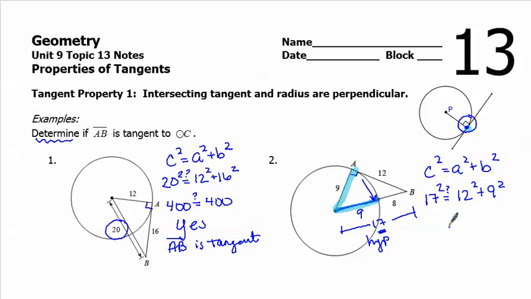I don't know that for sure. 17 squared is 289. 12 squared plus 9 squared in my calculator is 225. Does 289 equal 225? No, it's not a right triangle. Therefore, I know that AB, even though it looks tangent, it's not tangent. So let's go ahead and scoot this down and see what else we can do with this lovely property.